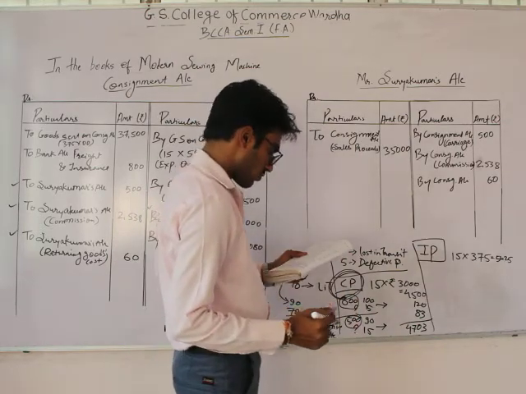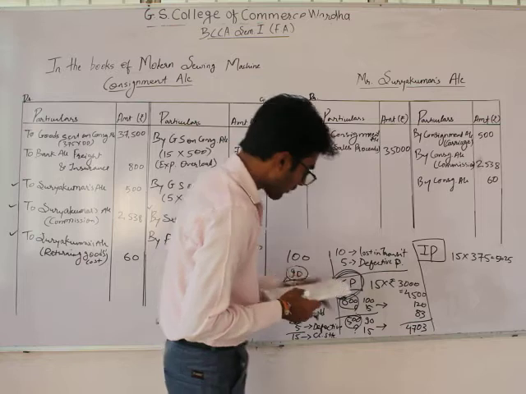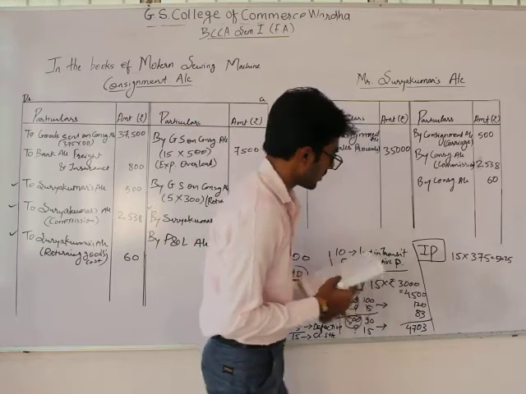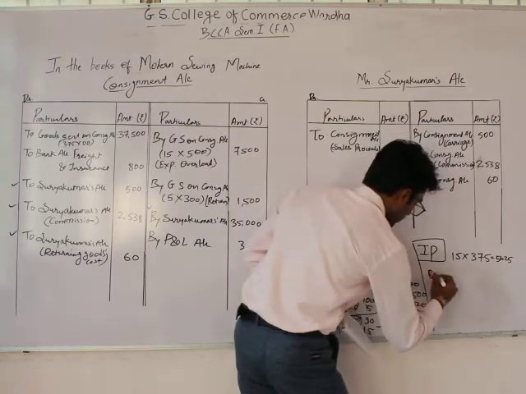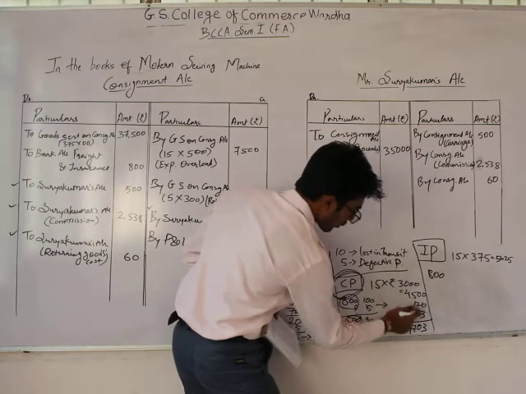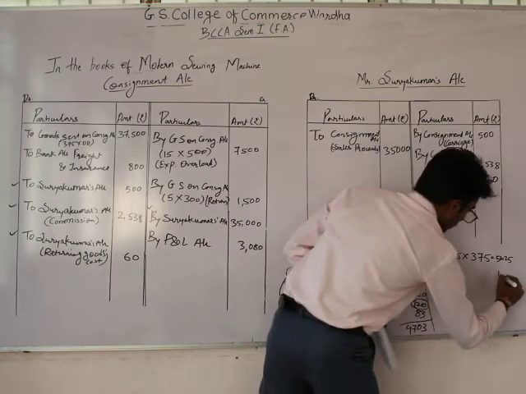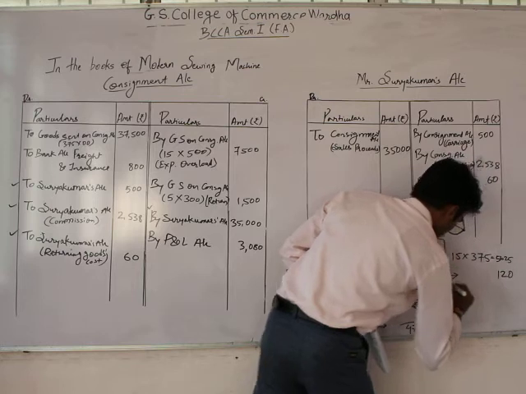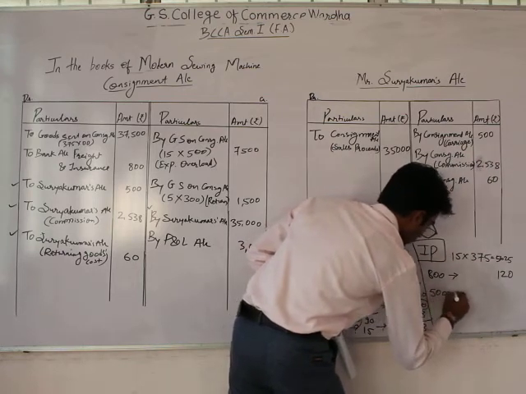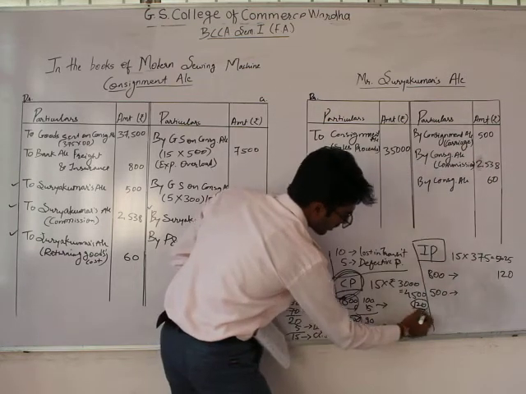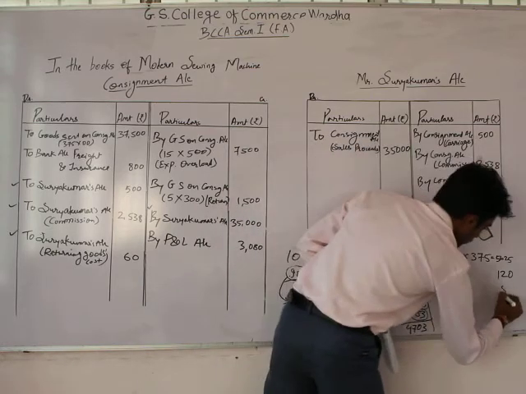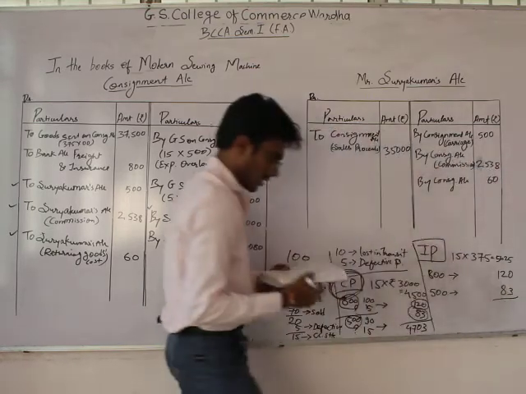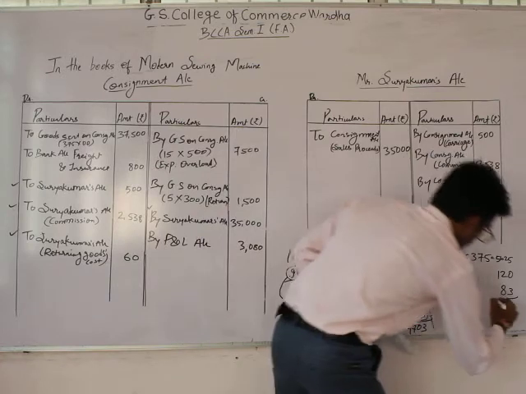Okay, so we have to add this 120 and 83. For 800 we have calculated this 120, so we have to add this 120, and for 500 we have calculated this 83. So the final amount will be 5828.